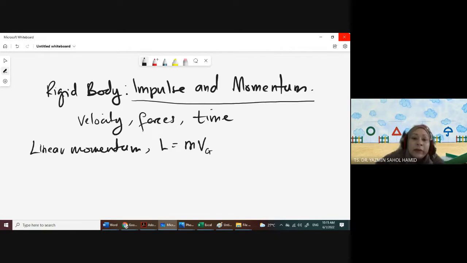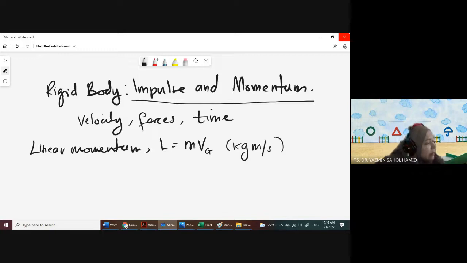The unit for linear momentum is kilogram, and velocity is what? Meter per second. This is the unit for linear momentum. Basically it defines the direction of the velocity of the body's mass center.